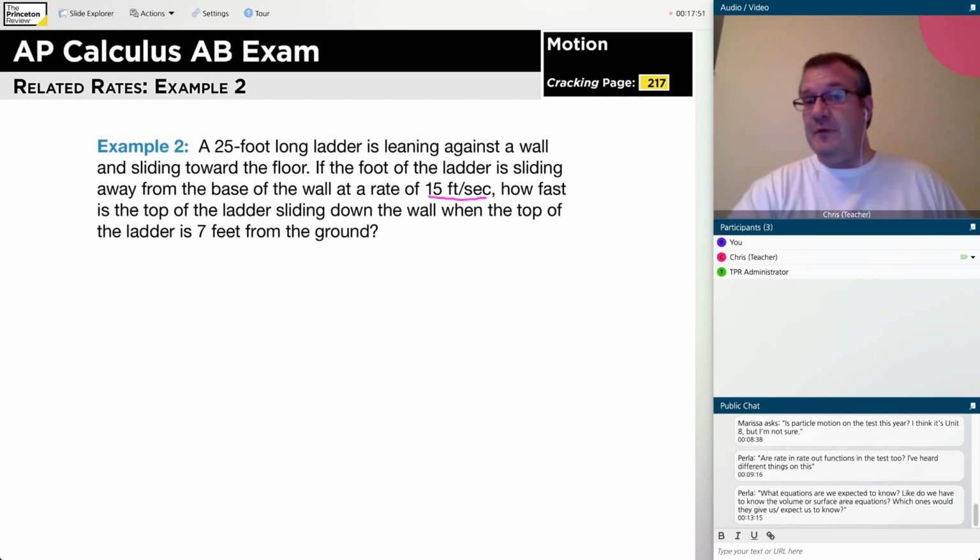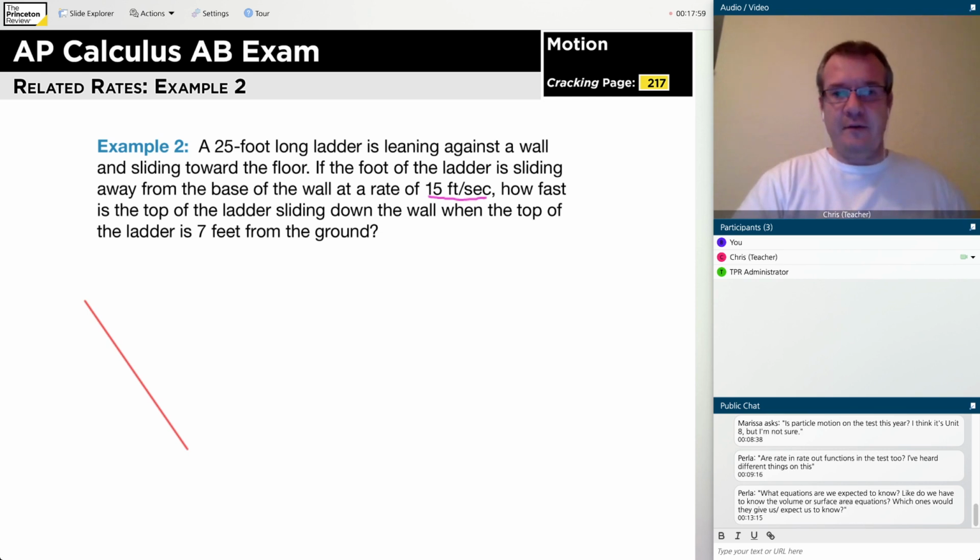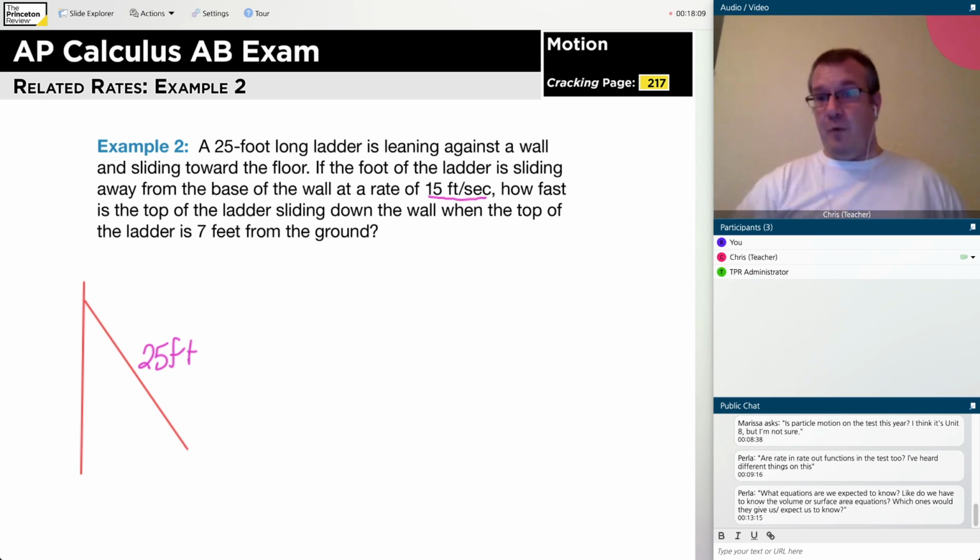Honestly, if you're not sure about the formula just yet, draw a picture. I know I've got a 25-foot long ladder. Then it's sliding down the wall. So here's your wall. And the bottom of the ladder is going further out.